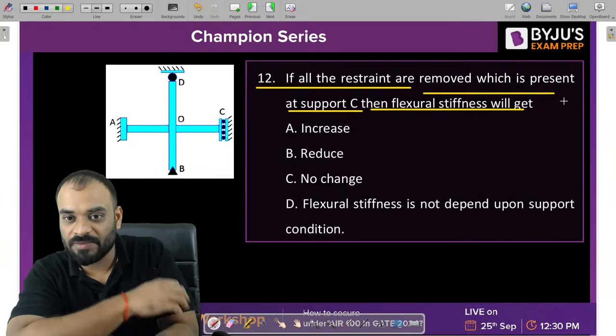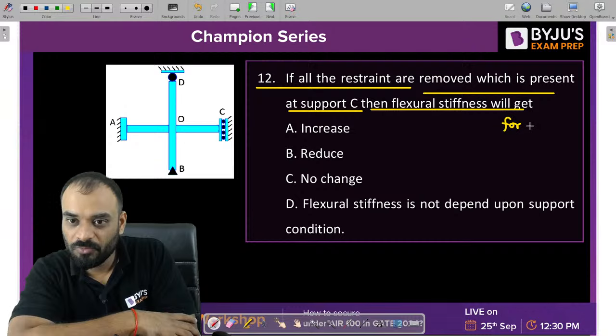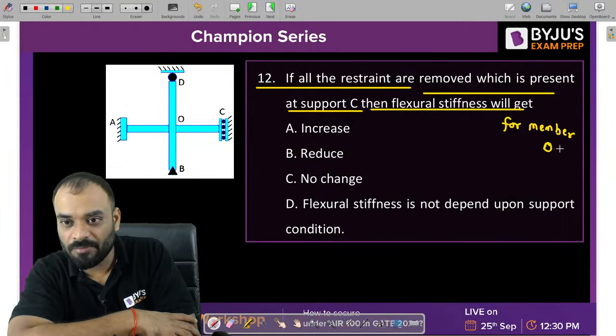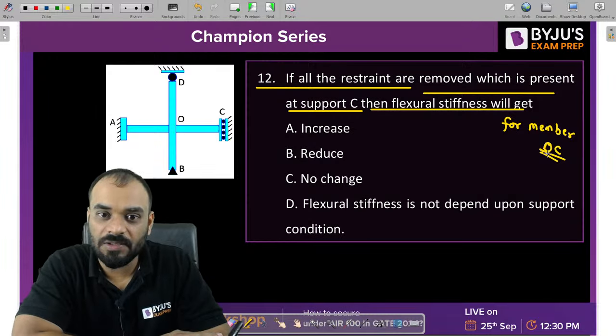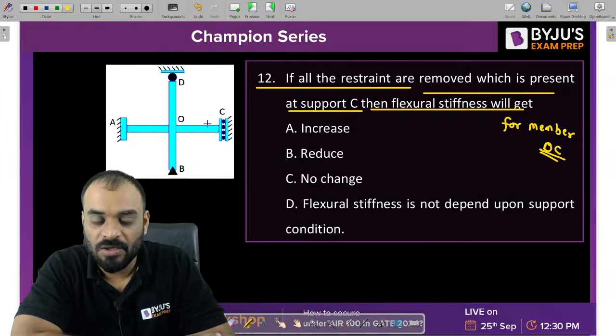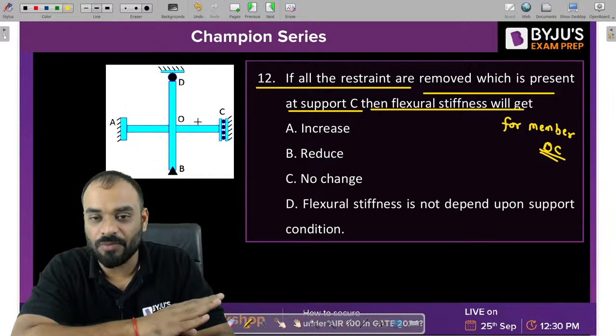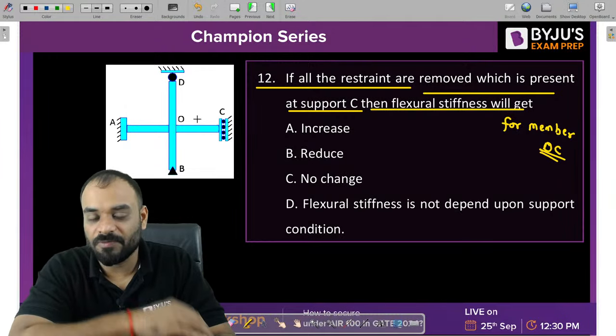That you need to tell me. For member BC, sorry, member OC, what will happen? Whether the stiffness of the member will change or it will remain the same. That is the question. Flexure stiffness.